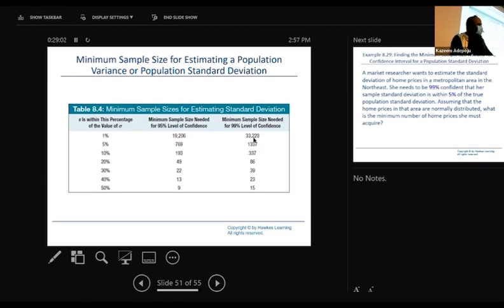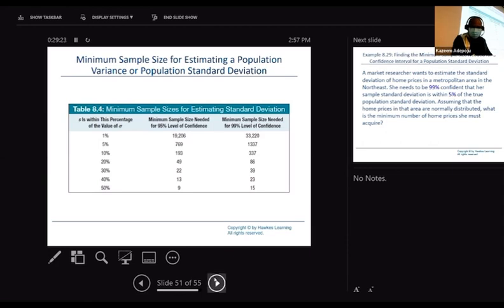And at 99, I need 33,220. What I just want you to see here is that as the level of confidence is increasing from 95 to 99, the sample size also goes up. That is what I wanted you to see.